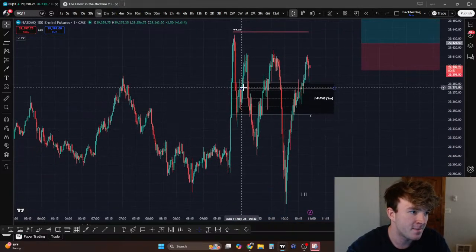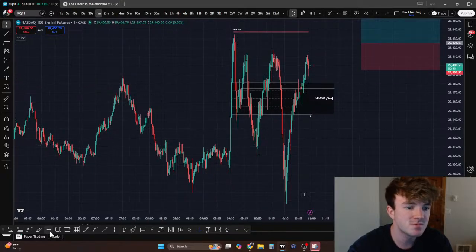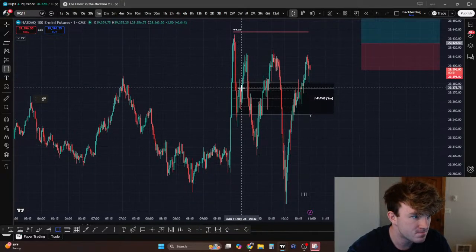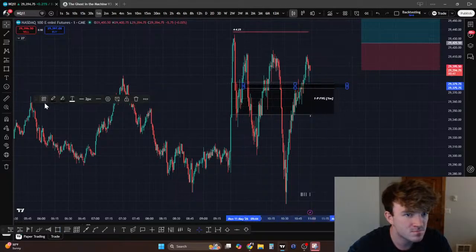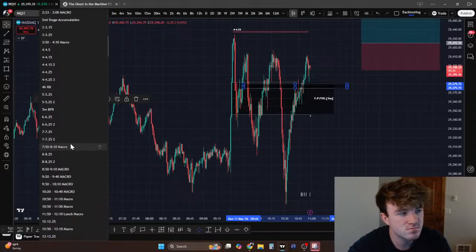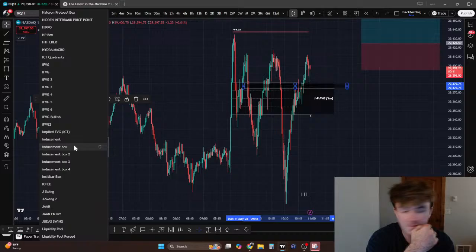That imbalance looks interesting. I might try to trade off of this Reaper imbalance if we get it.